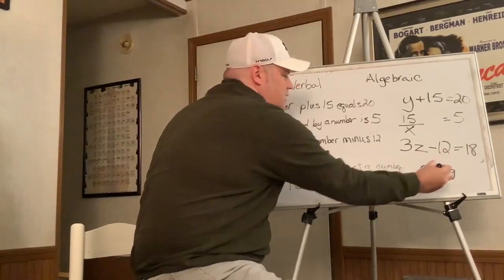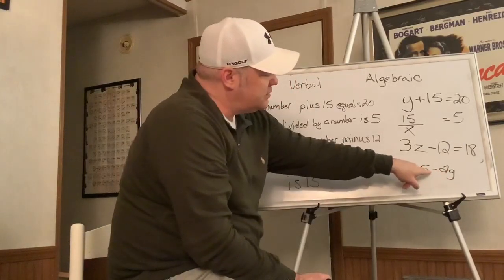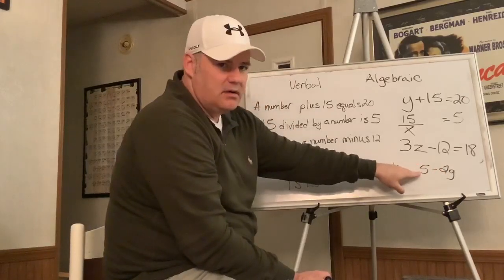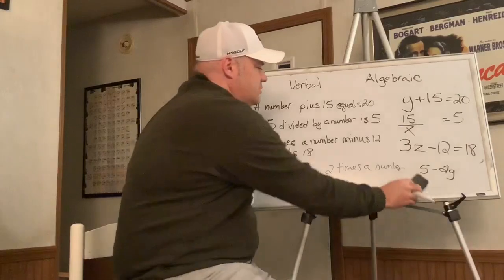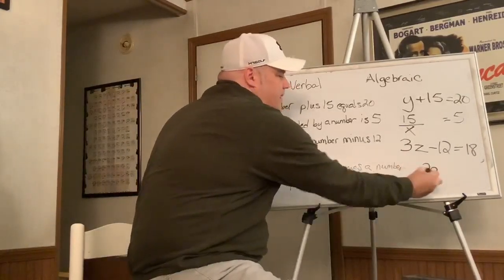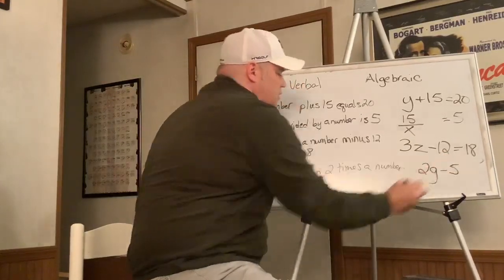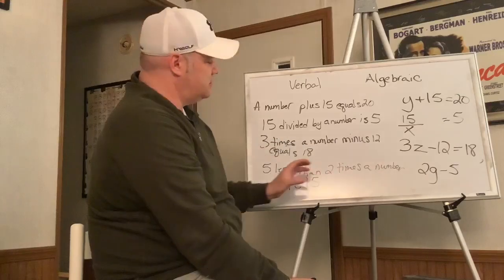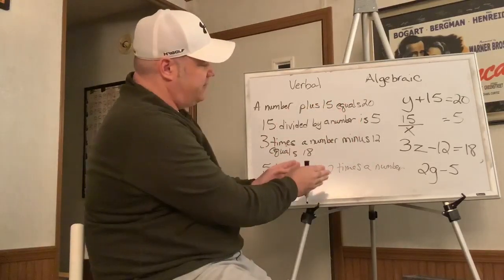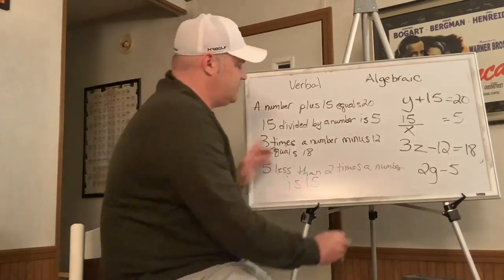Let's use g. That's not 5 less than 2g, that's 2g less than 5. It's like taking this away from 5. So I've got to change places and say 2 times a number and 5 less than that. So I'm going to take 5 away from 2 times the number. So not all of these go in just perfect order. You've got to read through and kind of figure it out. So 2 times the number, 5 less than that is 15.